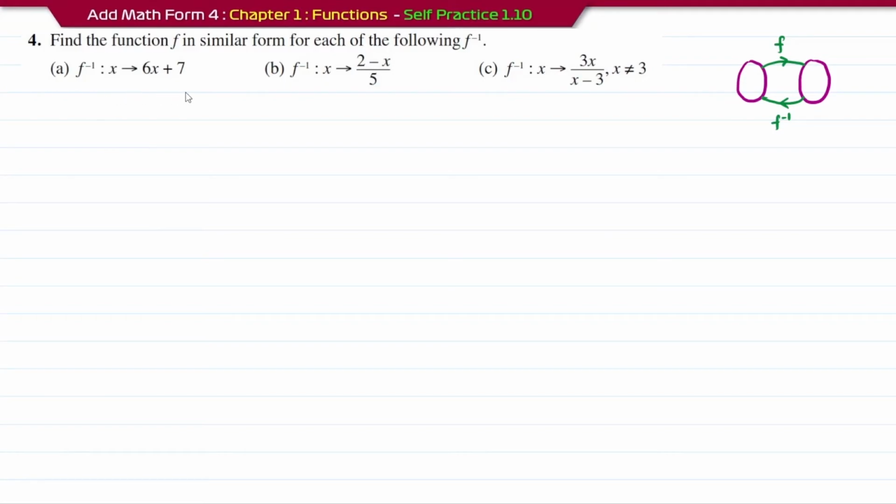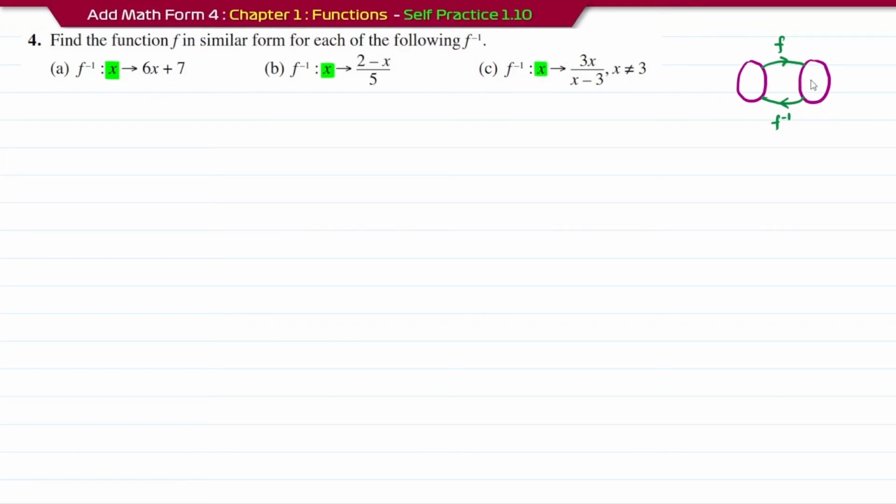Question number 4. Find the functions f in similar form for each of the following inverse of f. So this question is asking you to change this inverse of f to the function f. So first look at the arrow diagram that I have here. So based on the inverse function given, the x is the object of the inverse function.